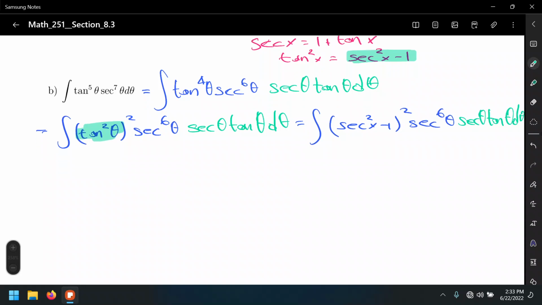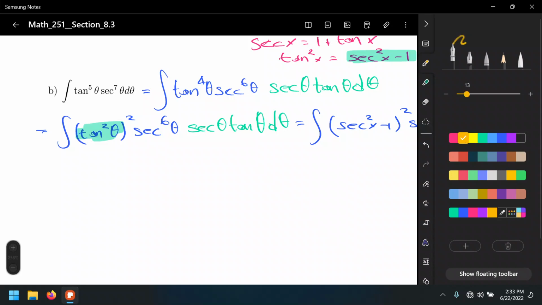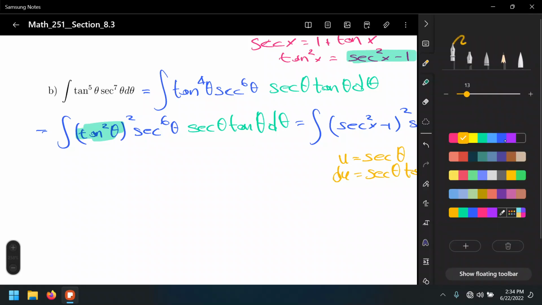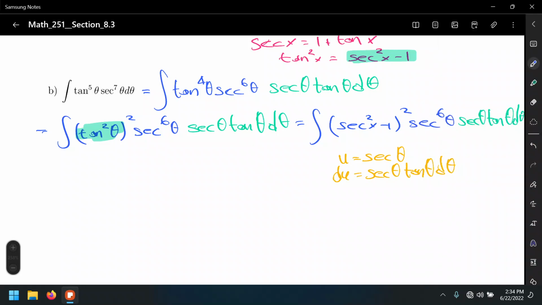In this case, it's fine to do the u sub, where u equals secant theta, du equals secant tangent, which actually doesn't require any factors here.